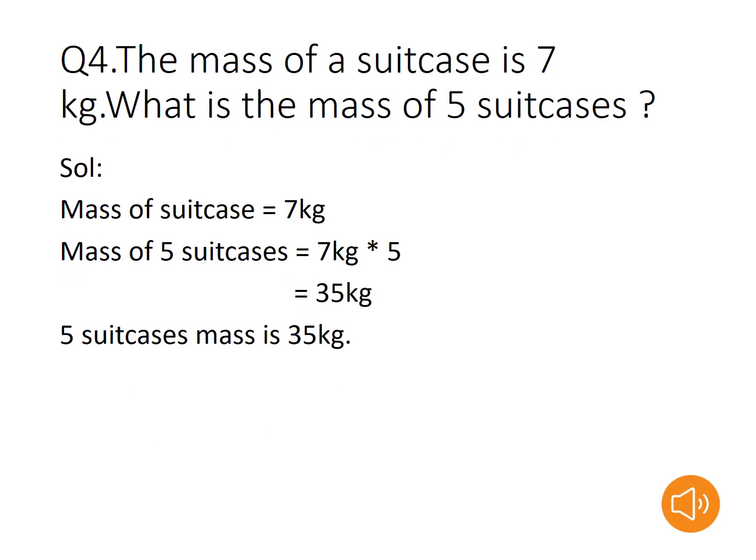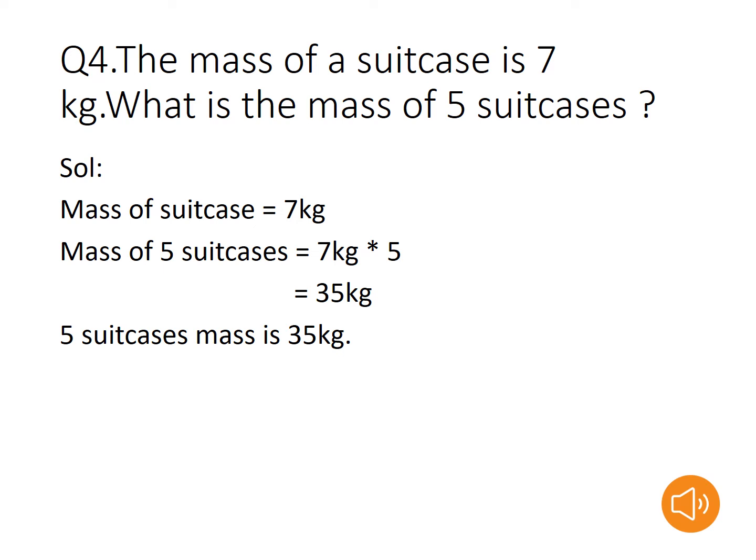Question number 4. The mass of a suitcase is 7 kg. What is the mass of 5 suitcases? First you need to make the statements. Your first statement will be from the first line of the question. Mass of suitcase is equal to 7 kg. In this question you need to decide what you are going to do: subtraction, addition or multiplication.